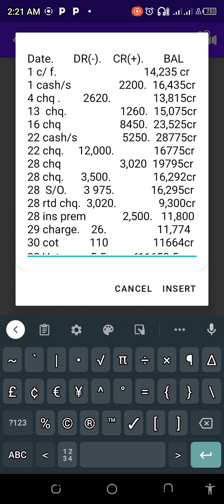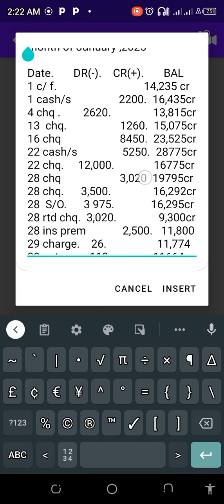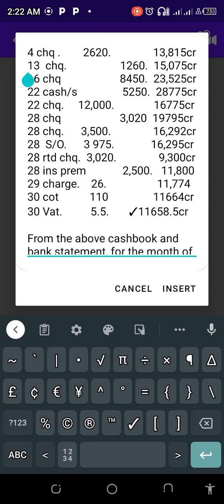So Nedu is there. Now the last and not the least transaction is the transaction by John. That check lodged by John is 2,880. Let us go and check whether it has been credited. No, there's no 2,880 from the 29th, on the 30th, and even no 2,880. So John's 2,880 is the second uncredited check.